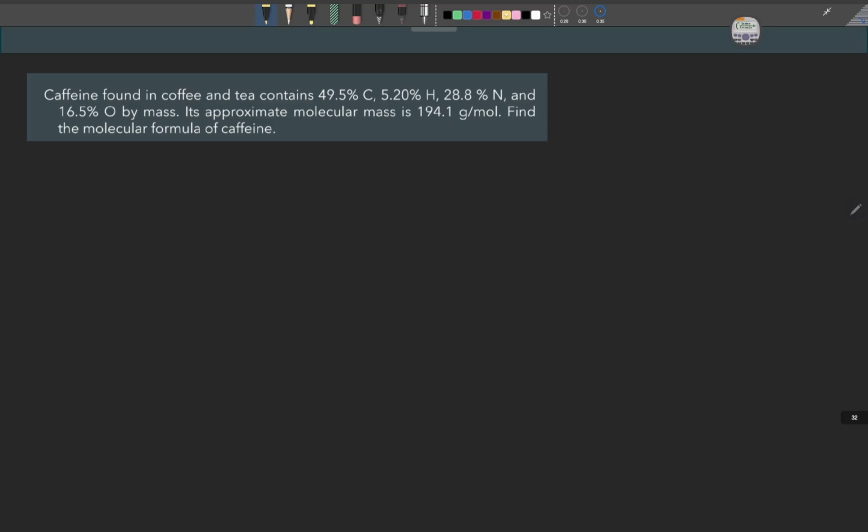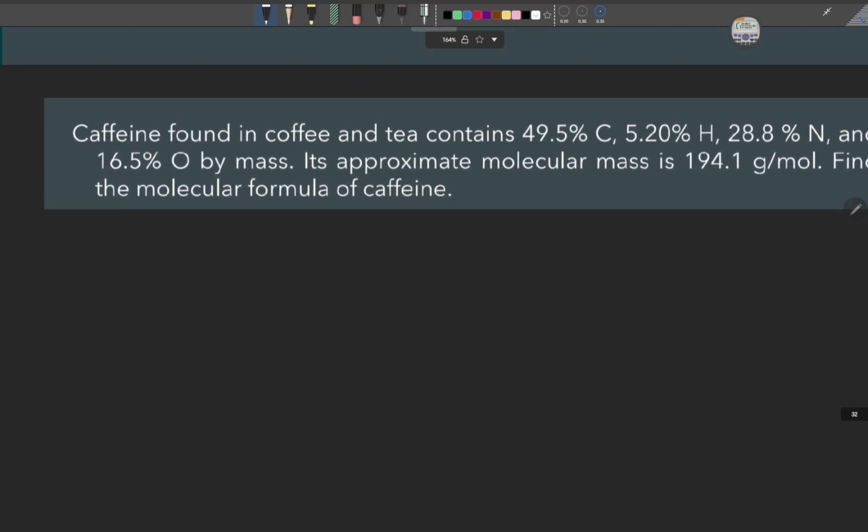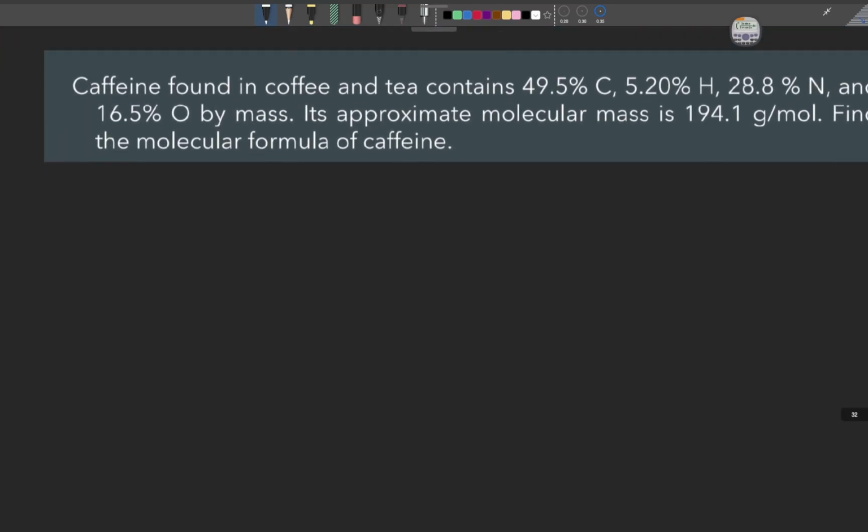Okay, last example. So, caffeine found in coffee and tea contains the following. Its approximate molecular mass is 194.1. Find the molecular formula. So, before we get to molecular, we have to find first the empirical. So, we start by converting to grams.